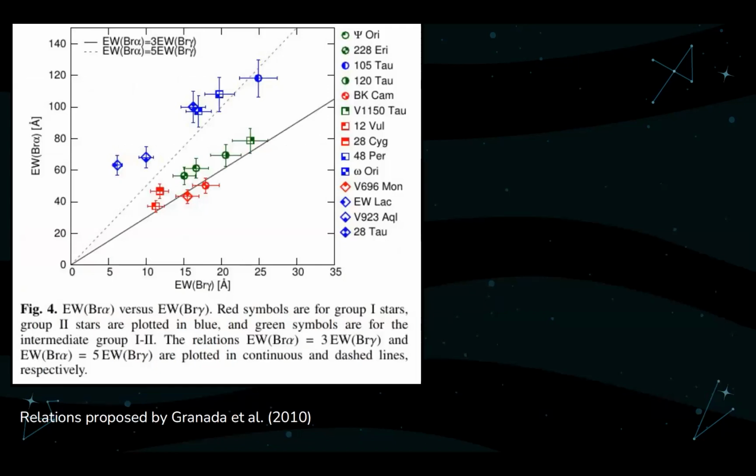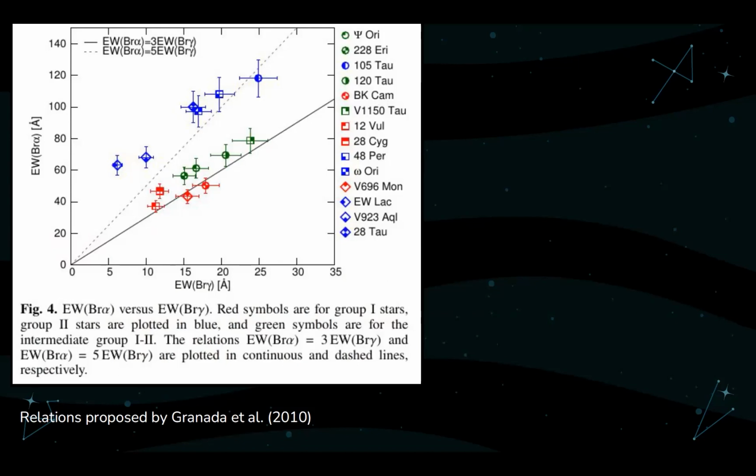There was another previous work made by Yanina and collaborators, that with another sample of objects classified them as group 1 and group 2, and they found that group 1 stars follow this relation between the equivalent width of Brackett alpha and the equivalent width of Pfund gamma, and group 2 stars follow the other one. So what are we saying here?